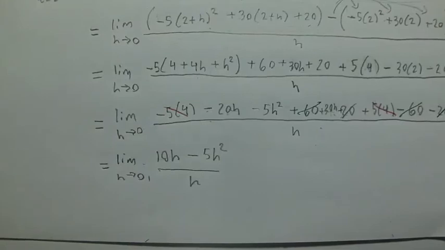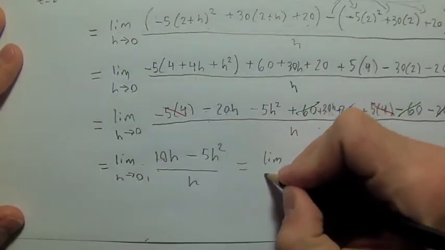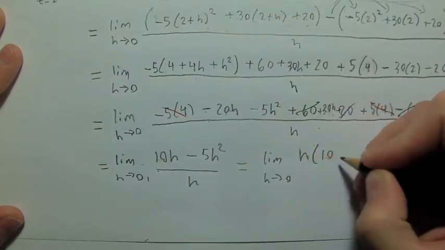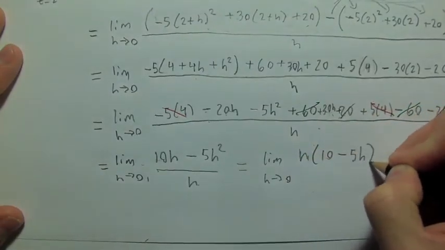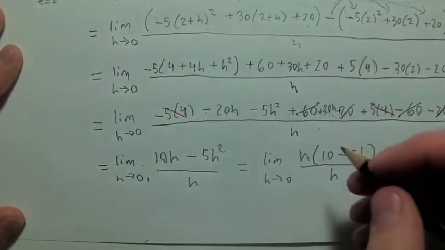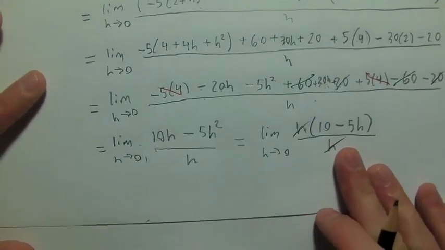And the rule is, if you can factor an h out of the top, which we can, and we're left with a 10 minus 5h all over h, then it is 100% clear which things cancel.